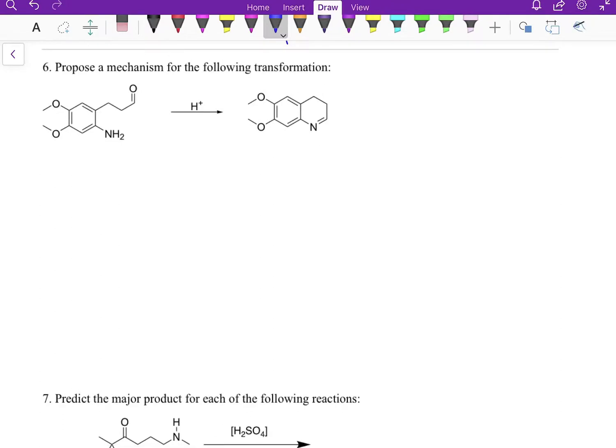So now we're going to propose a mechanism. So if we look, this is acidic, and this nitrogen has a lone pair. So there's only one carbonyl carbon right here, meaning that this nitrogen is going to attack right there, bringing up the electrons to the oxygen.